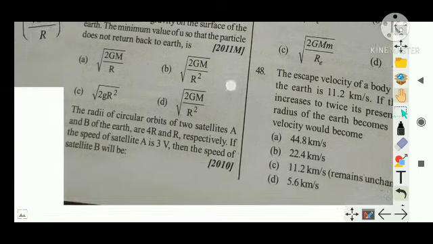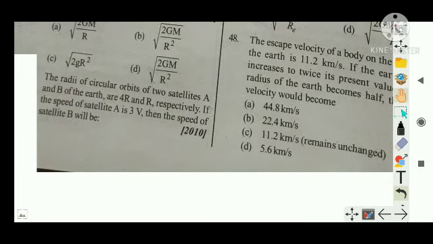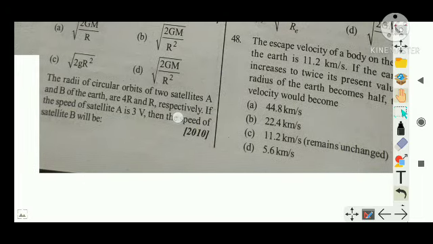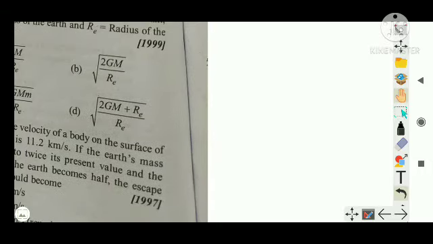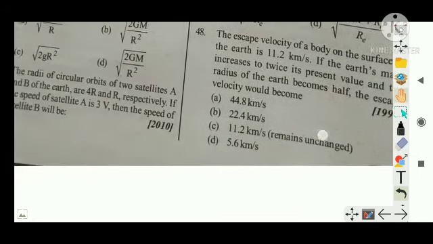Now, the radii of circular orbits of two satellites A and B of Earth are 4r and r respectively. Satellite A is having speed 3v, the speed of satellite B? Orbital velocity ratios, easy. So we can say G and M is a constant. So I can say orbital velocity is inversely proportional to root r, the distance. One is 4r and the other is r.